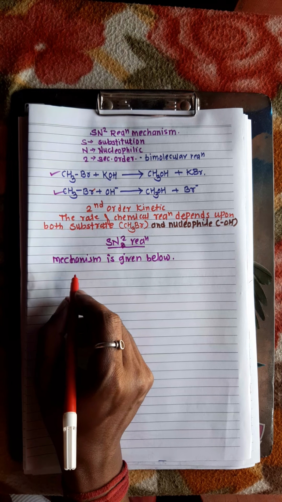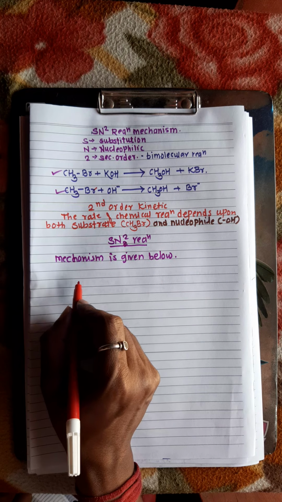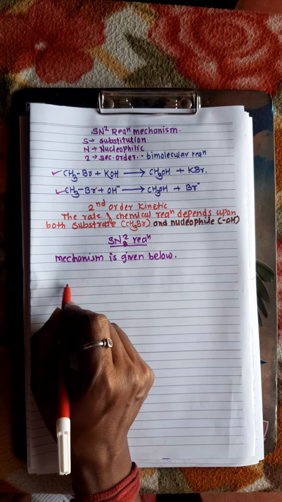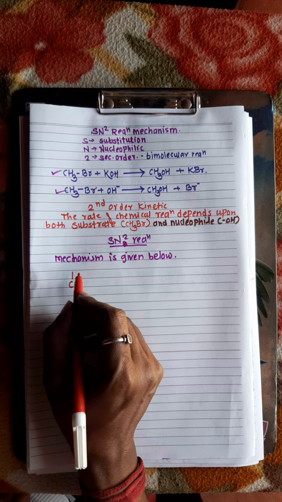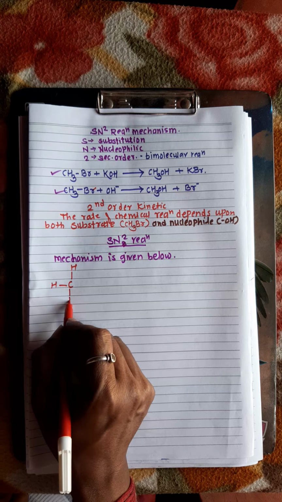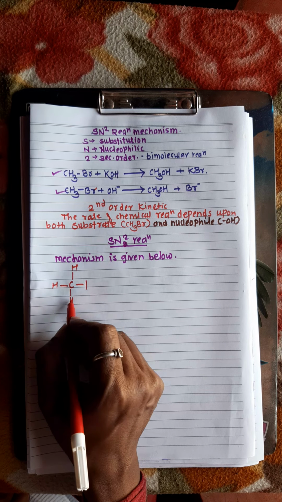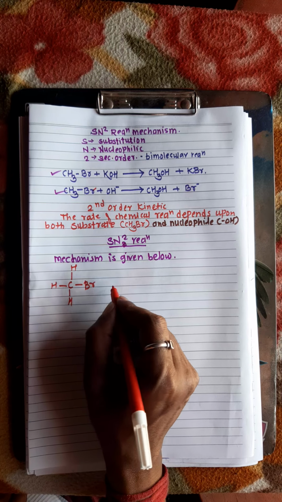In this reaction, simply we can write CH3Br like this: H, H, H and Br. What happened?